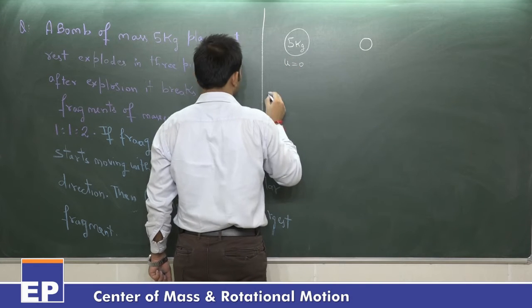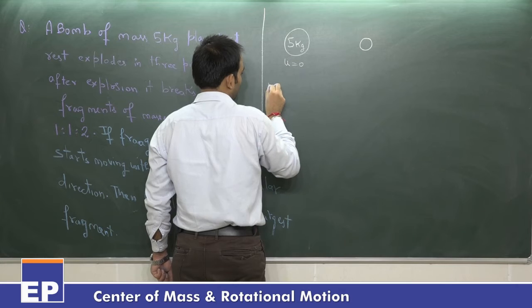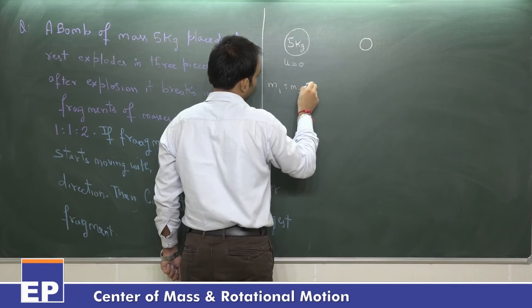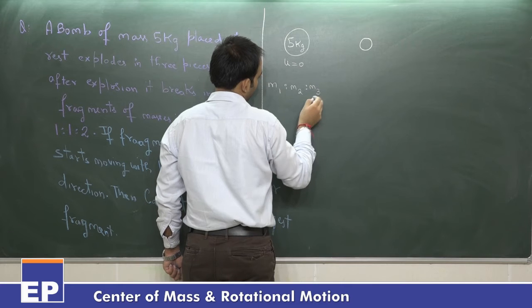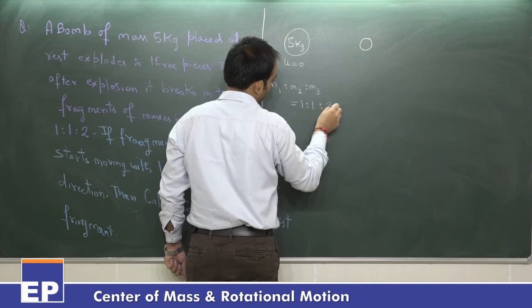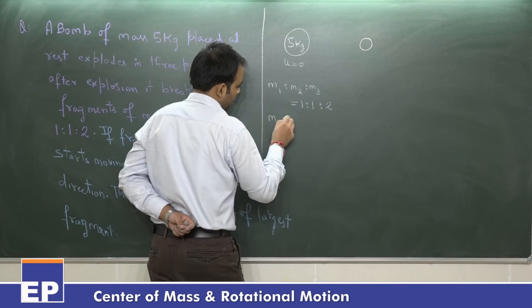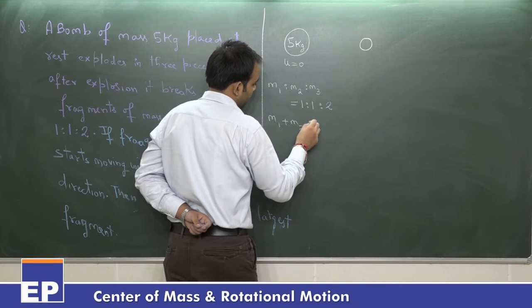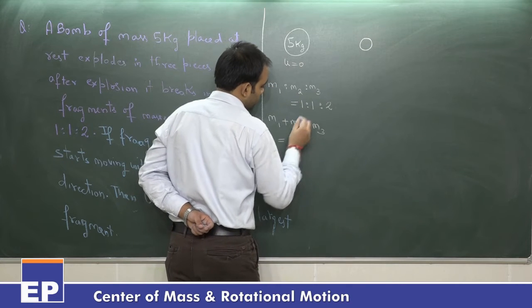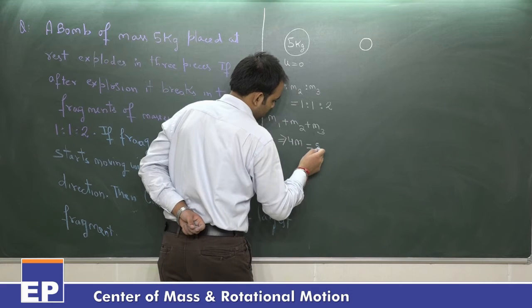So we can take m1, m2, m3 as 1:1:2, which means m1 plus m2 plus m3 is equal to m plus m plus 2m, that is 4m, and that is equal to 5 kg.